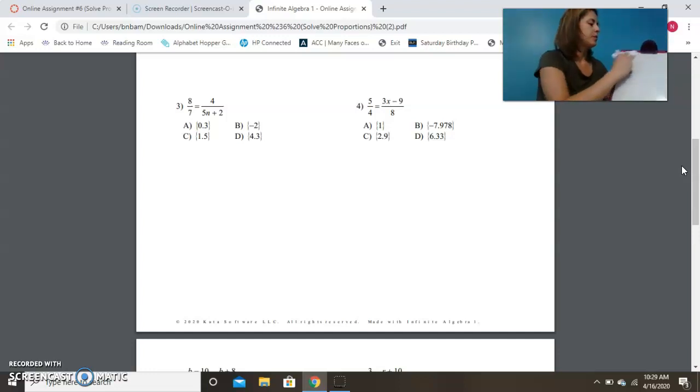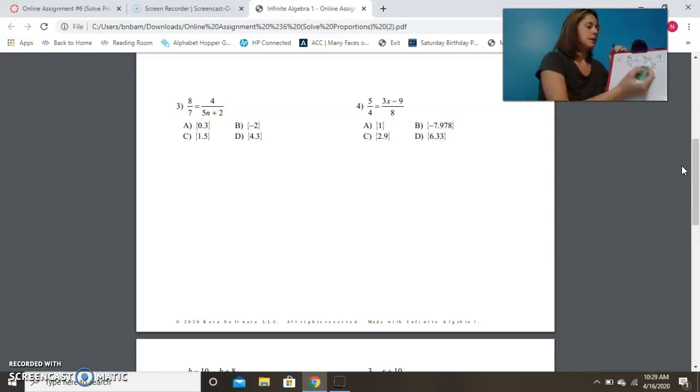All right, so number 4 now. Number 4 is 5 over 4 is equal to 3x minus 9 all over 8. So again, we cross multiply.